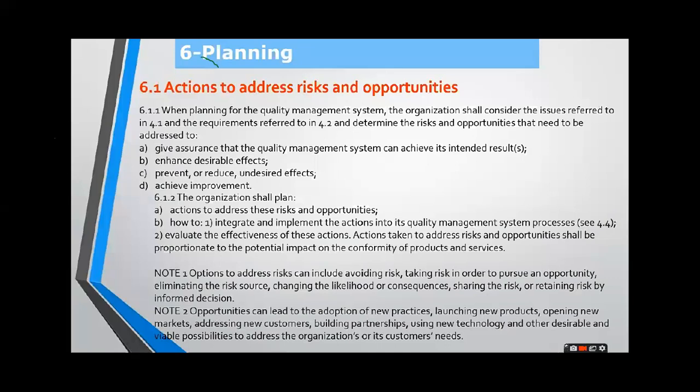Okay. I guess we come to an end to today's session, where we discussed clause 4 to clause 5. We understood the leadership and the role of the top management along with their responsibilities. Okay, so tomorrow we'll discuss clause 6 to 8.